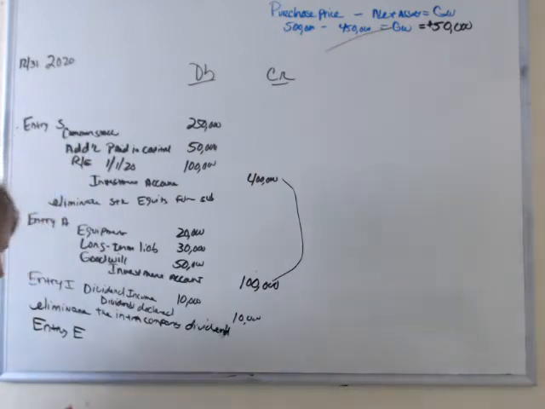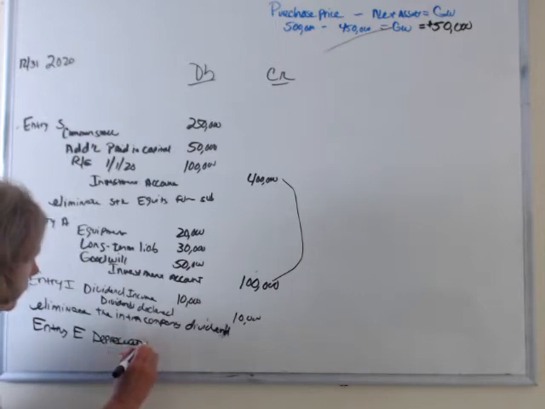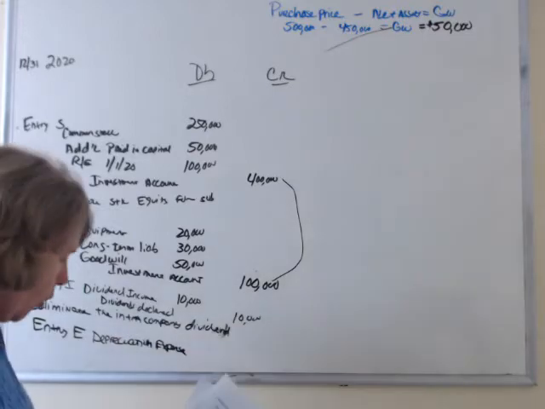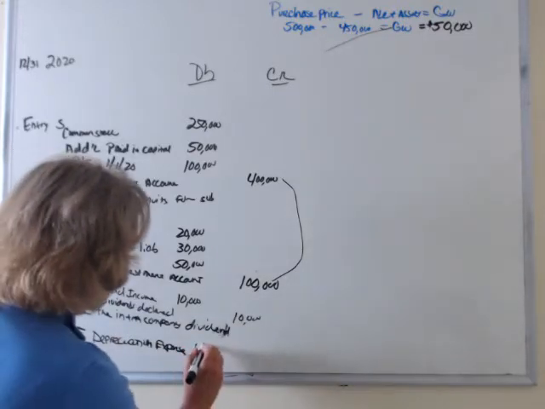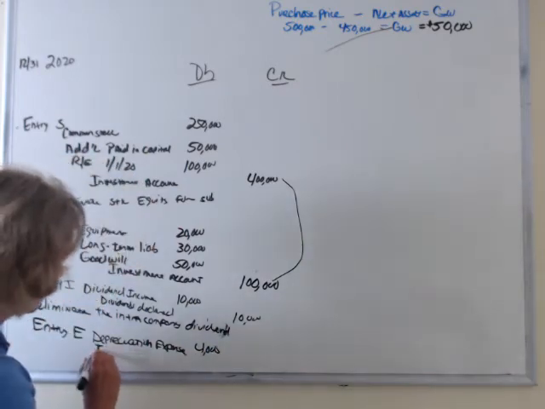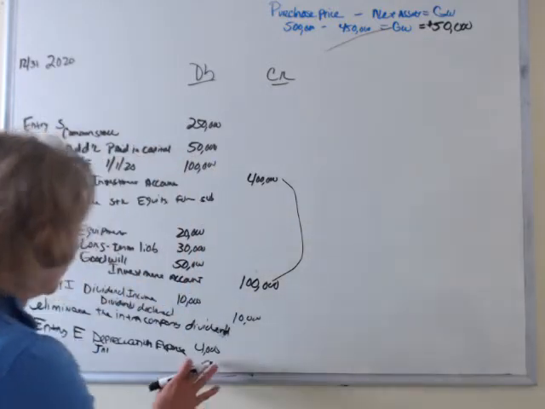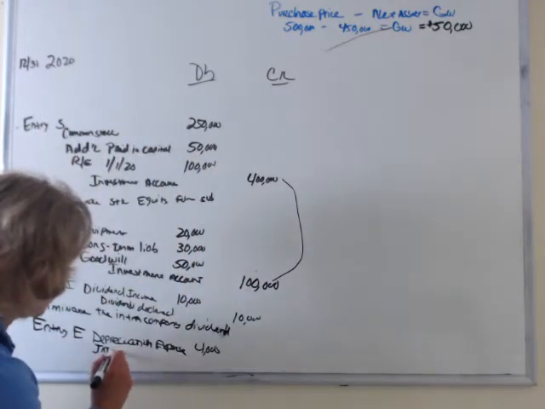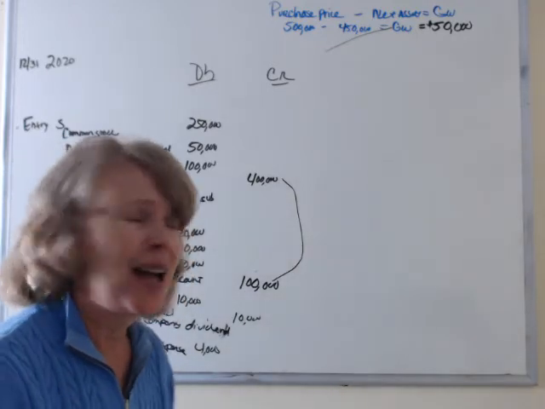So we debit depreciation expense, 4,000.